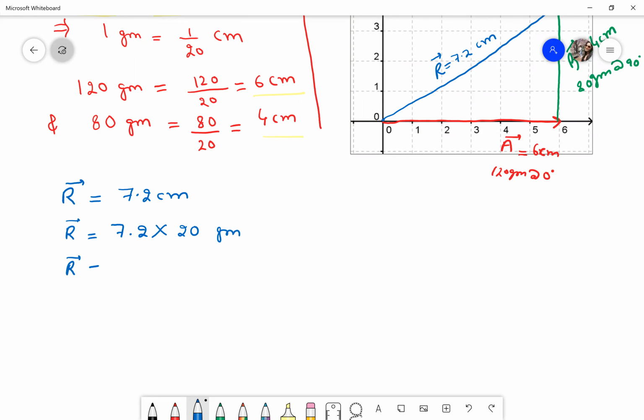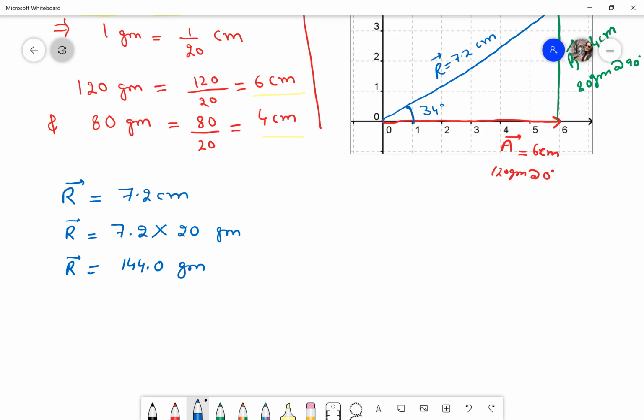So this R is equal to 144.0 grams. This is what we got from our graphical method, and when you use your protractor and find this angle, I got approximately 34 degree on my graph.